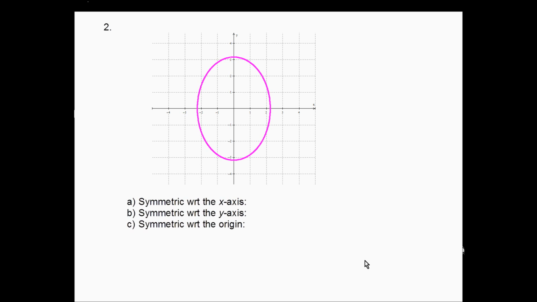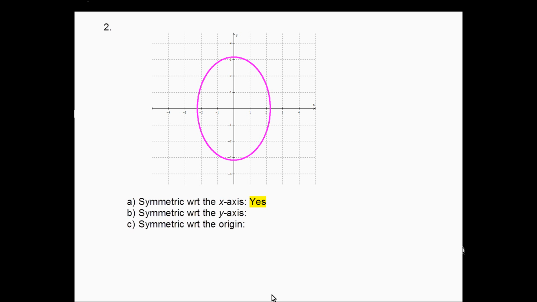Number 2, I've got this oval thing, an ellipse. For part A, symmetric with respect to the x-axis. Now again, if I fold it along the x-axis, will the top half of the ellipse match up with the bottom half? Yes.